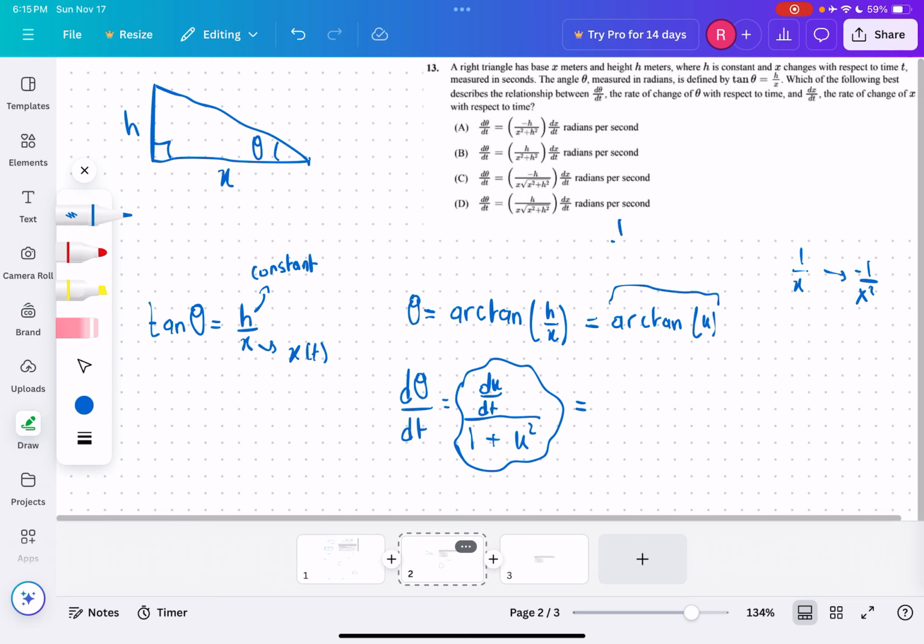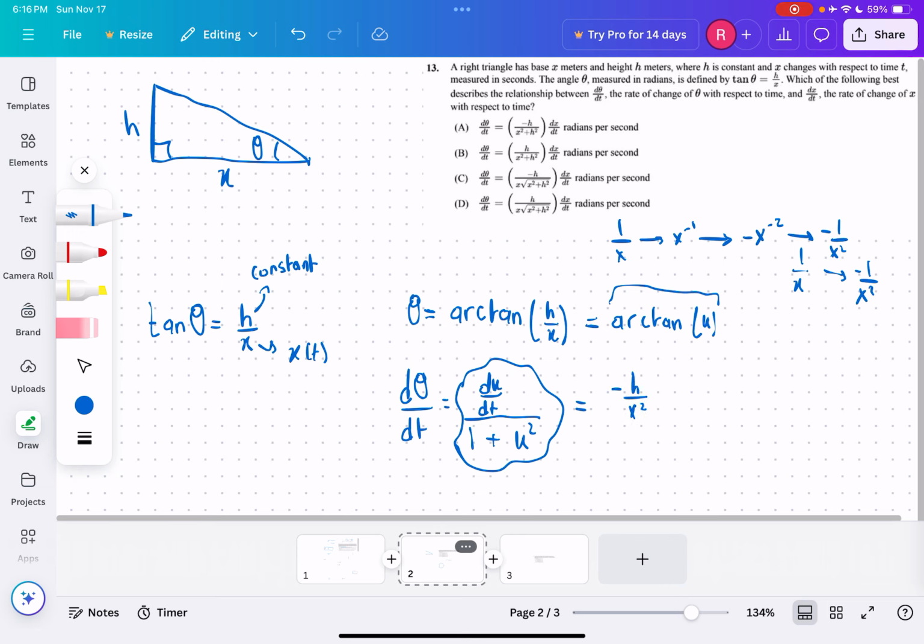So 1 over x becomes x to the power of minus 1. After you derive x to the power of minus 1, you get minus x to the power of minus 2, which is essentially minus 1 over x to the power of 2. So it is going to be minus h over x to the power of 2.